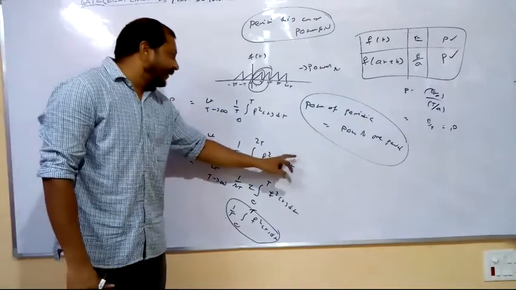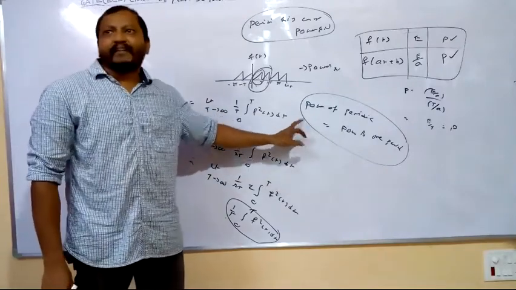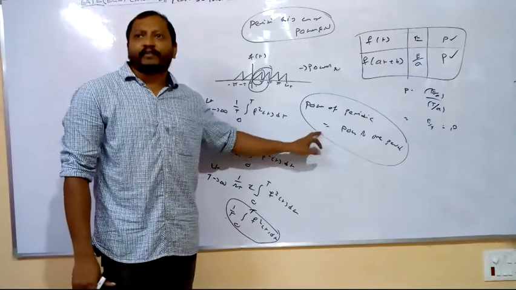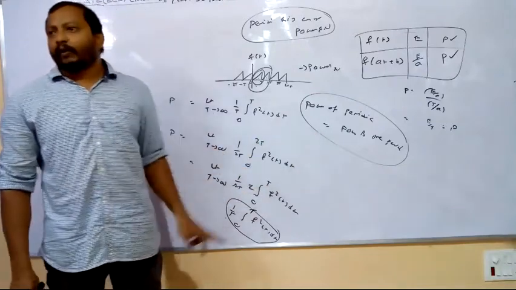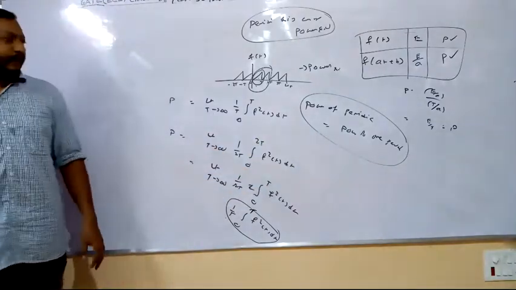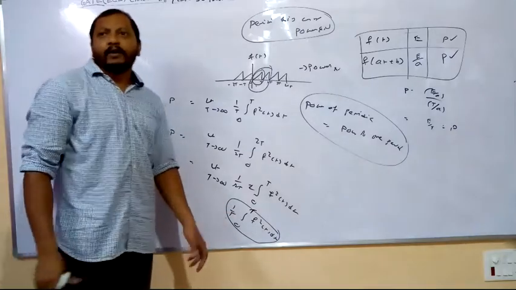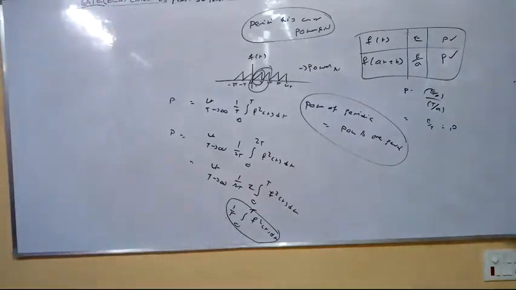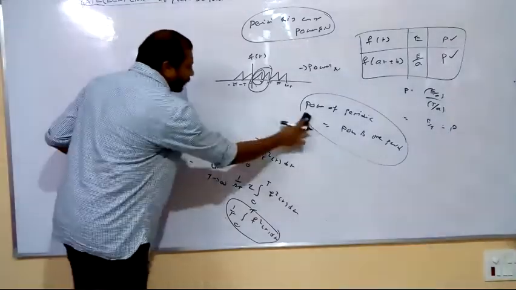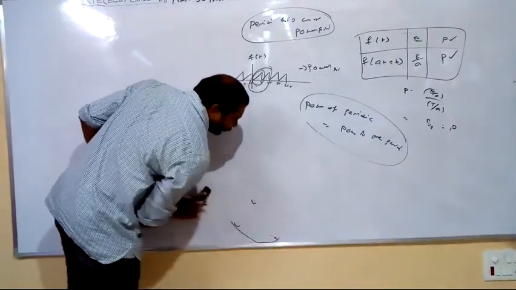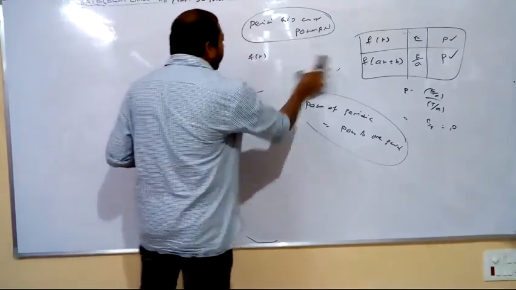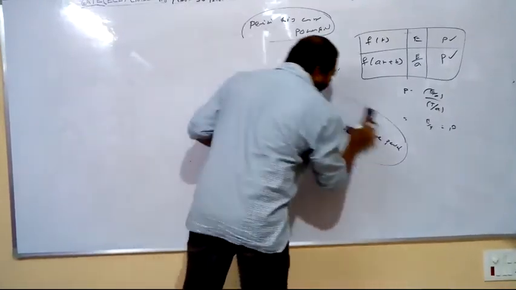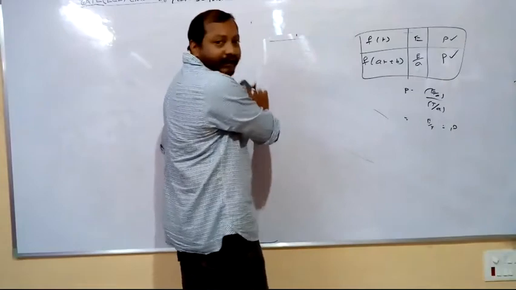If you consider 10 periods, that is 1 by 10t, integration 0 to 10t, which can be represented as 10 into integration 0 to t of f square of t dt. The 10 will get cancelled, and the result is 1 by t integration 0 to t of f square of t dt only, which is the power of one period. So the power of a periodic signal is equal to the power over one period only.